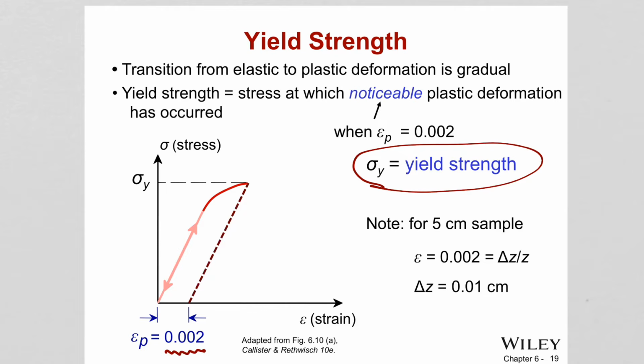Okay, so for all materials, we choose the standard strain amount 0.002 and draw a line parallel to the linear region, and find its intersection with the stress strain curve, and then go to the y-axis to read the yield strength. Okay, we do this for all materials, so we have a standard way of reading the yield strength.